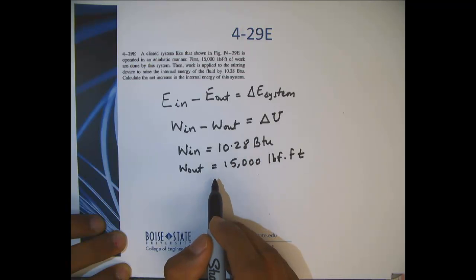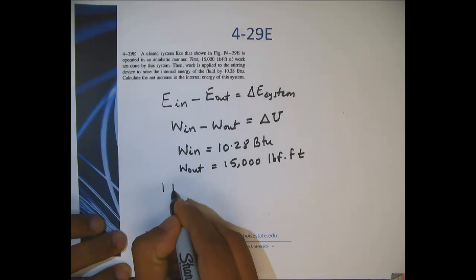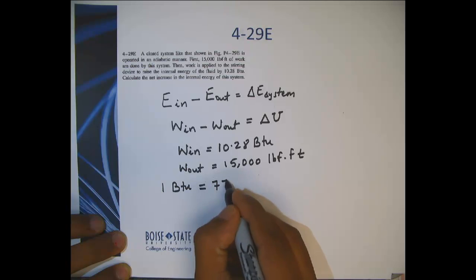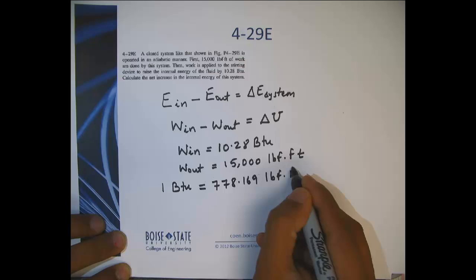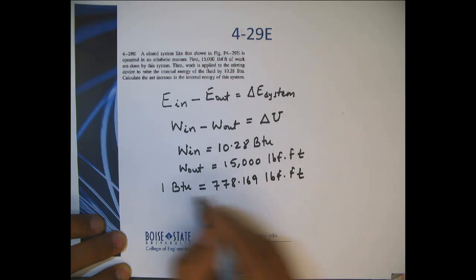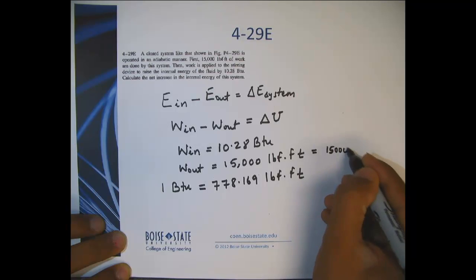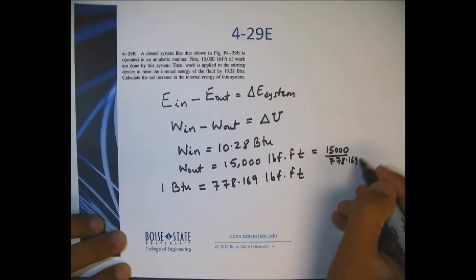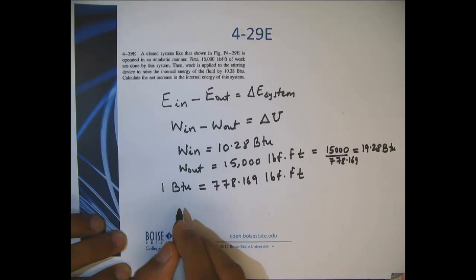But generally we represent in British thermal units. So in the back of the book you can find that one British thermal unit is 778.169 pound force feet. So this would be 15,000 over 778.169 BTU. So this is about 19.28 BTU.